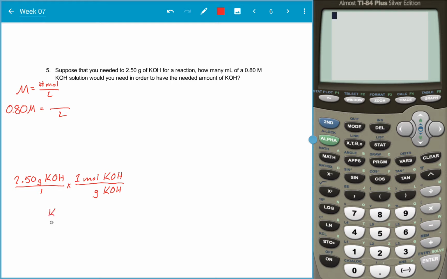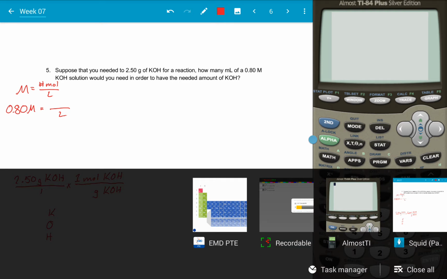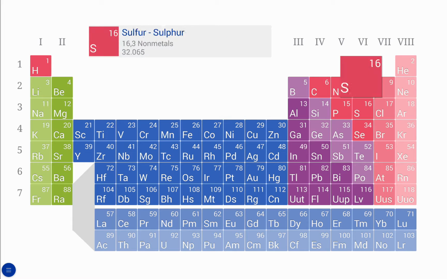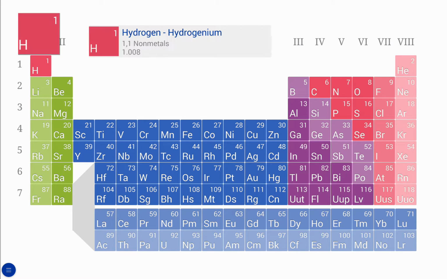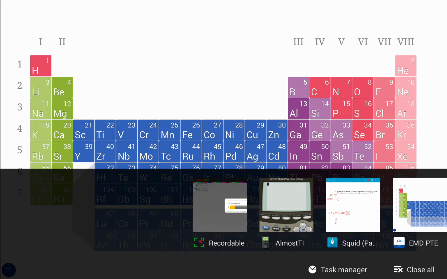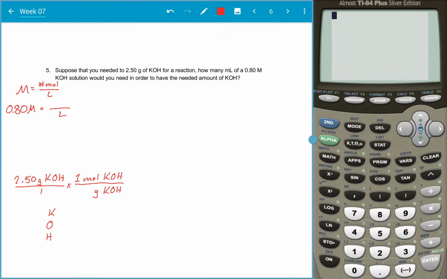So we have 1 potassium, 1 oxygen, and 1 hydrogen in this formula. Each potassium weighs 39, oxygen weighs 16, and hydrogen weighs 1. So we have 39, 16, and 1.